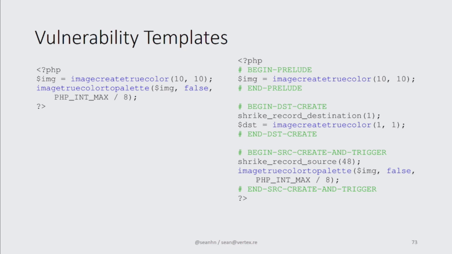The system is free to insert heap manipulation, or to perform its search, at any location outside these tags. So it can insert code here to do heap manipulation, or here. So this is what a vulnerability template looks like. It's very straightforward, and the overhead for the user is pretty low.